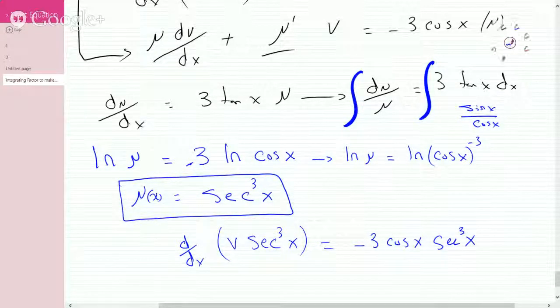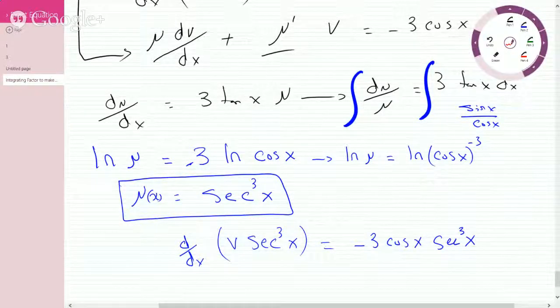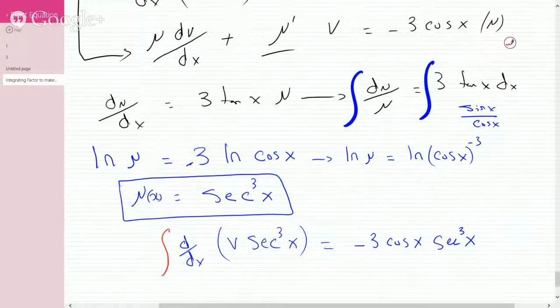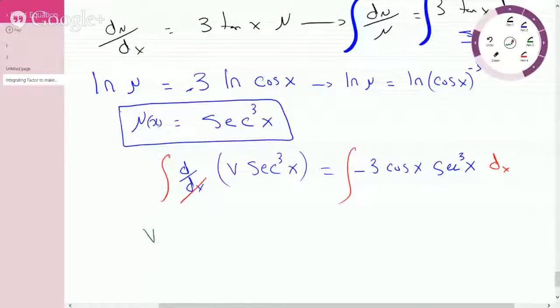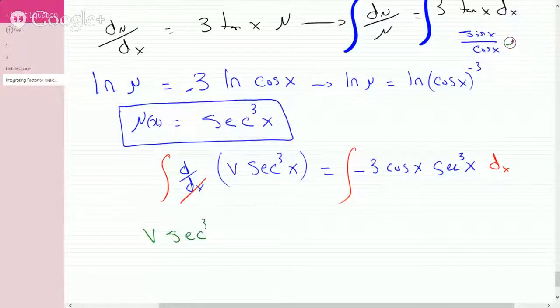And now what we will do is put an integral sign on both sides after we move this dx here, and the integral will undo the derivative, and we will get v times secant cube x equals minus 3.